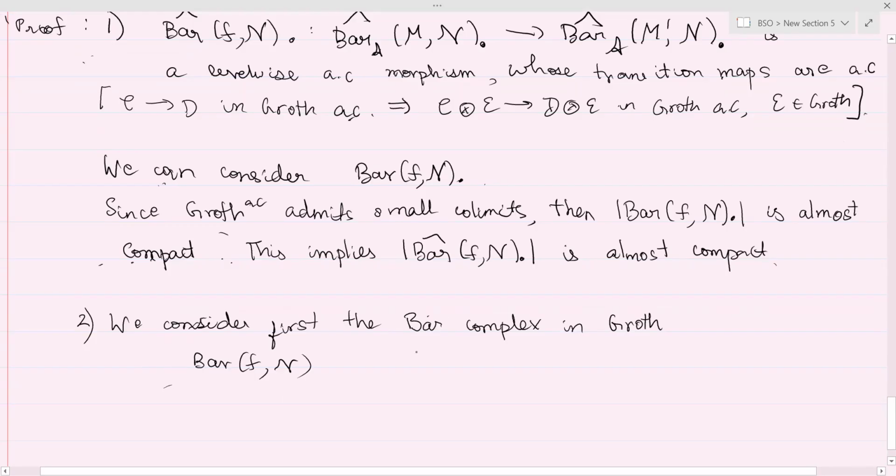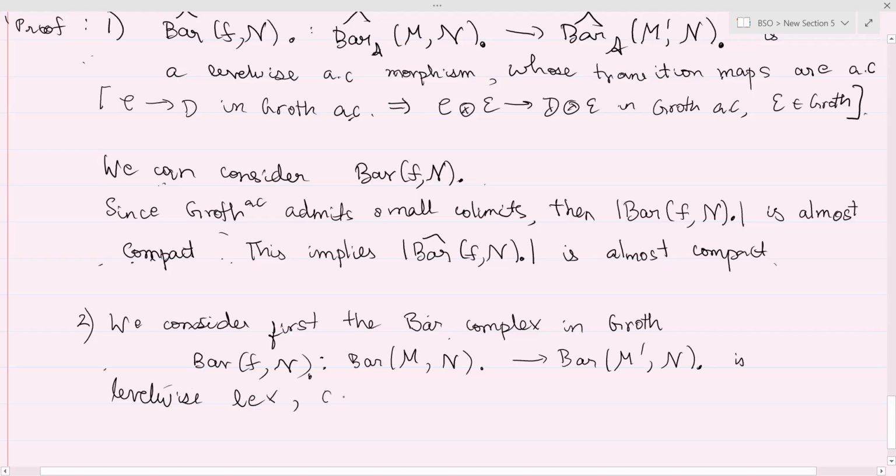So bar Fn dot from the bar complex is level-wise left exact, and the transition maps are again almost compact.